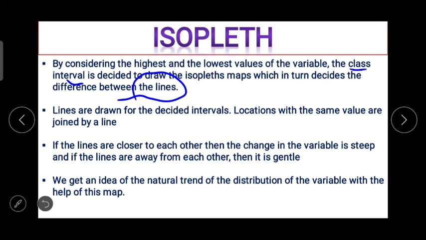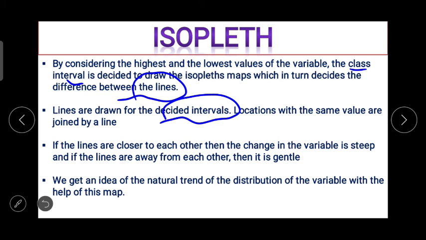Then lines are drawn for the decided intervals. Same thing here also, intervals decide करनी है हमें एक बार lowest और highest value लेने के बाद. Lines are drawn for the decided intervals.